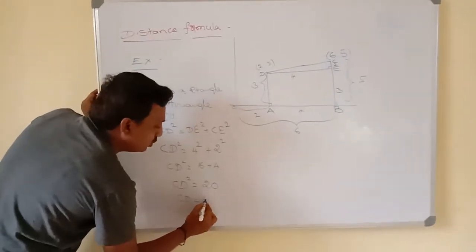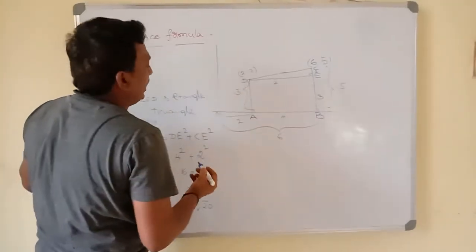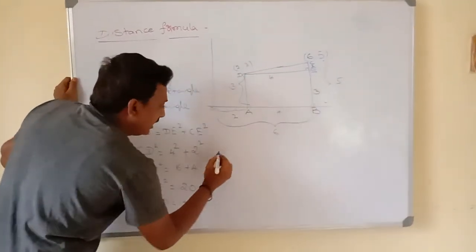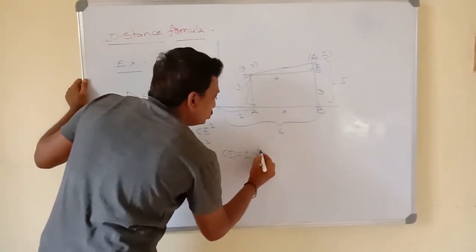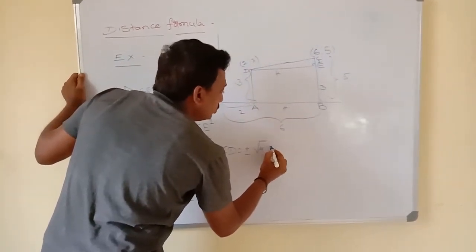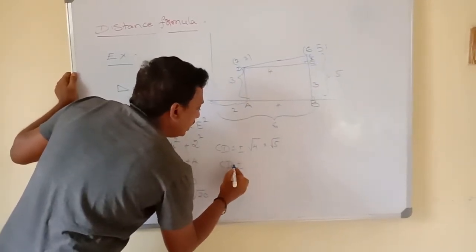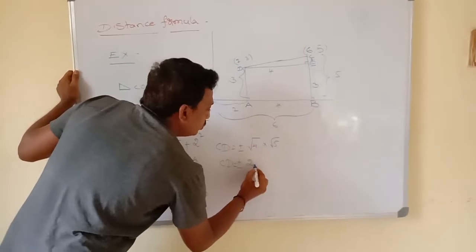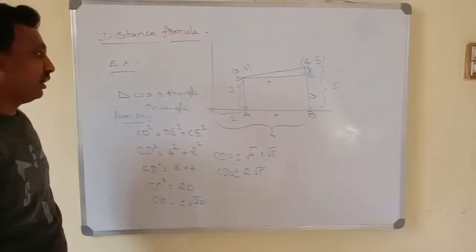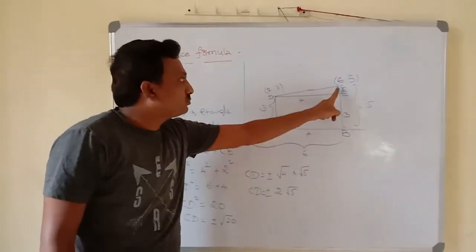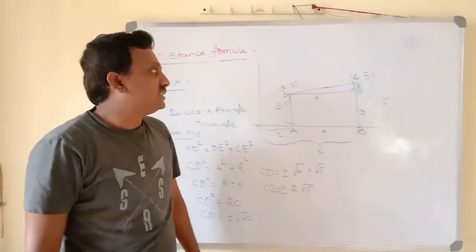CD equals plus or minus root 20. Root 20 we can write as root 4 into root 5, so CD equals plus or minus 2 root 5. CD is the distance between (2, 3) and (6, 5).